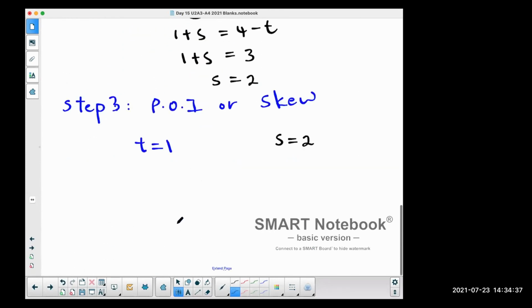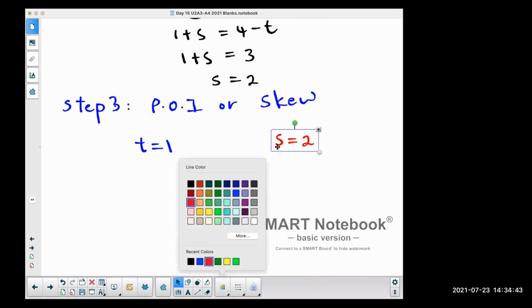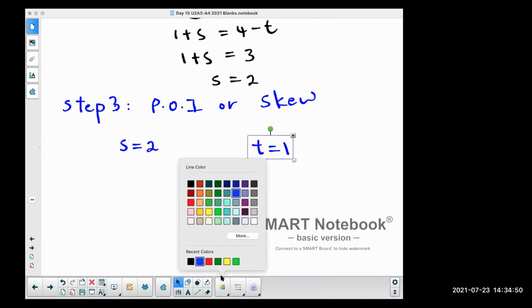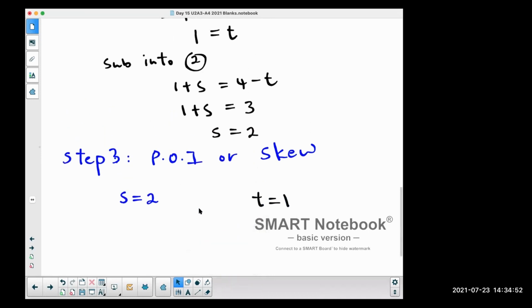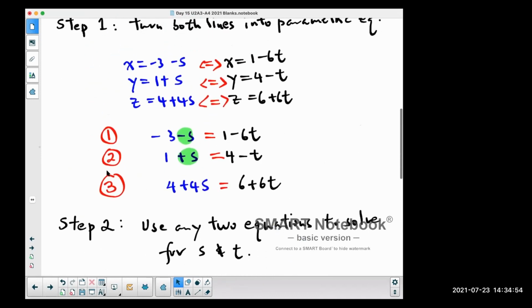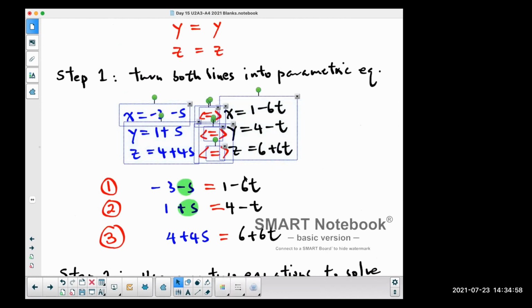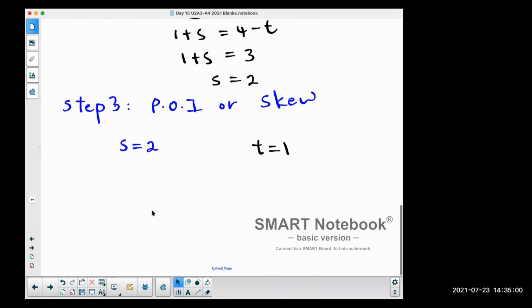Yeah, okay, so I need to switch. s is the one that's blue. And t is the one that's black.